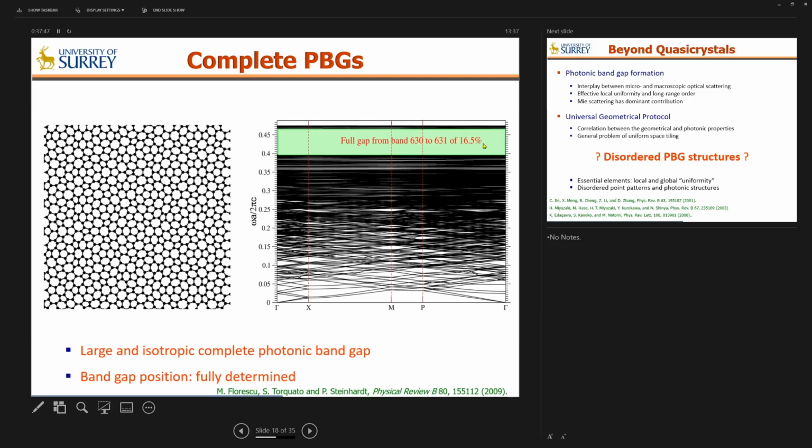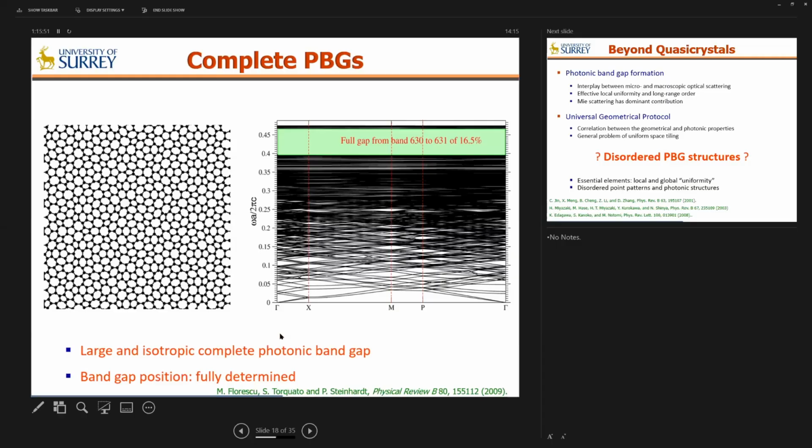So there is a deterministic way in which we generate these structures. And we saw that through that projection mechanism, everything is fully determined. There is no randomness present in the material. The question is, can we generate a structure which is non-periodic, neither periodic nor quasi-crystalline, which shows a band gap? And for that, I'm going to focus in the next slides on the concepts associated with hyperuniform structuring.